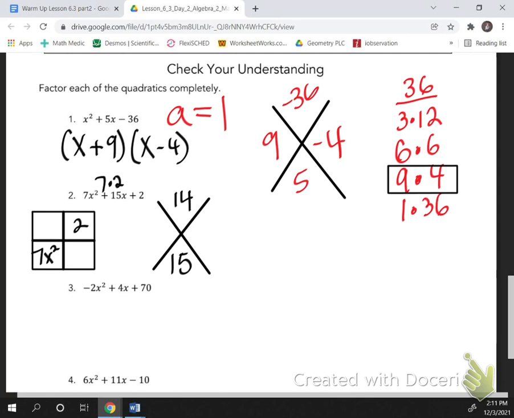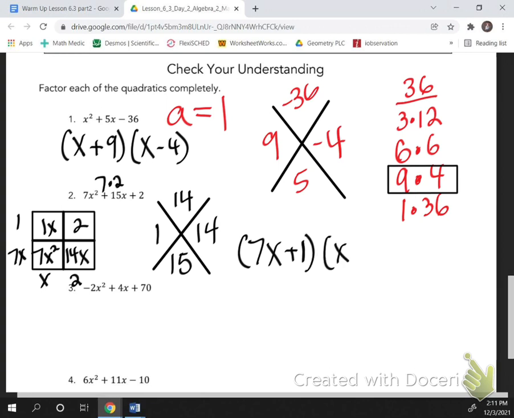Everyone always forgets about this one. It's 1 and 14. 1 times 14. Those tell us how many x terms we have. The only way this one's going to work out is if I have 7x and x, 2 and 1. So our factored form is 7x plus 1 times x plus 2.